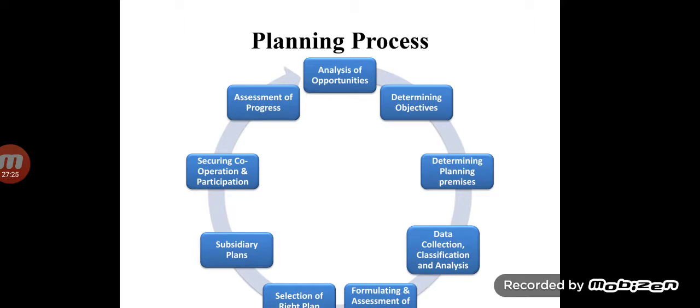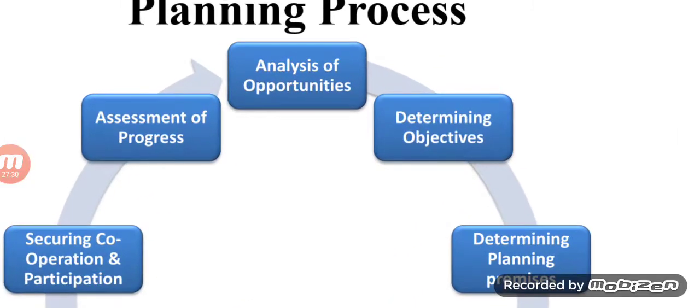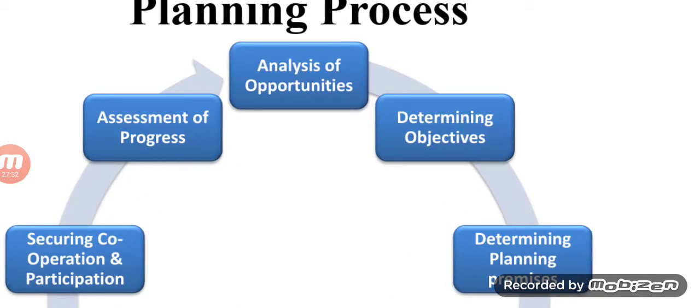There are 9 points covered under the planning process. Which are these 9 points here? There is a brief idea about the questions like analysis of opportunity, that is the first point of the planning process.